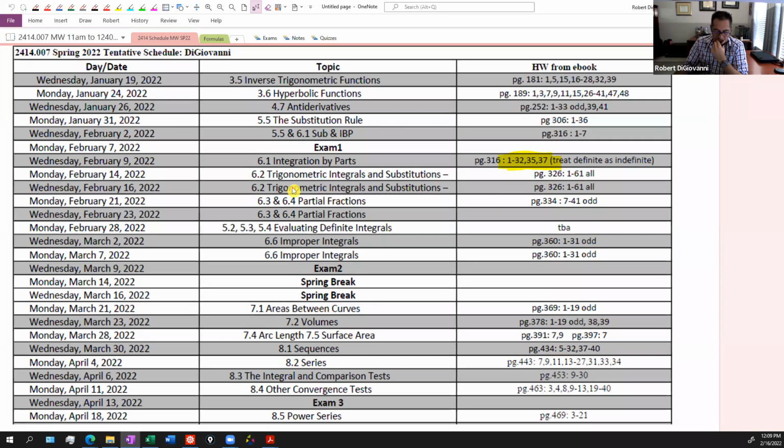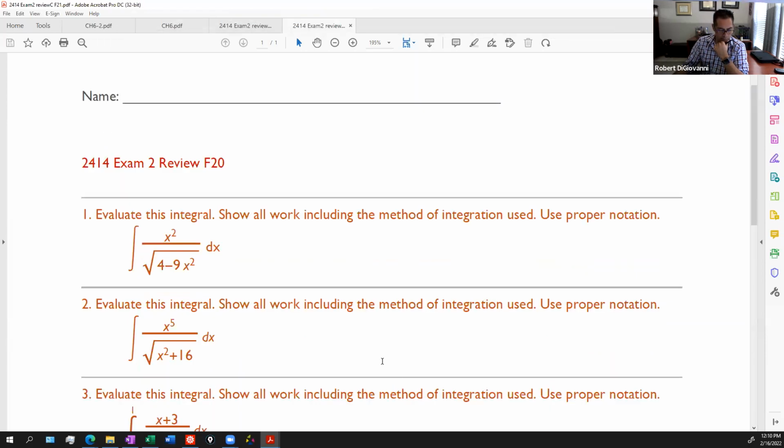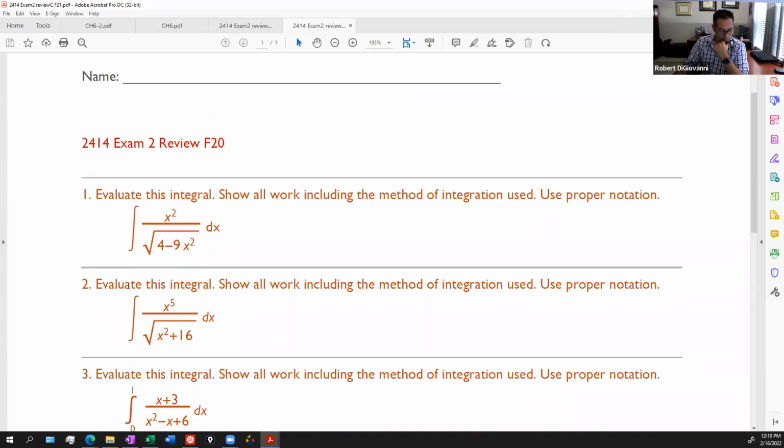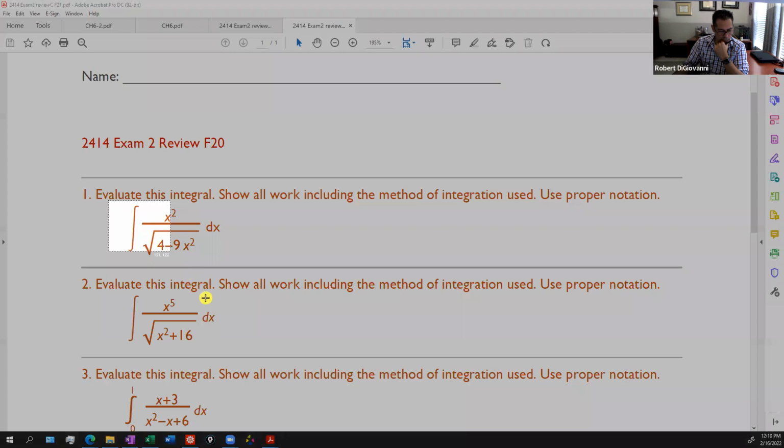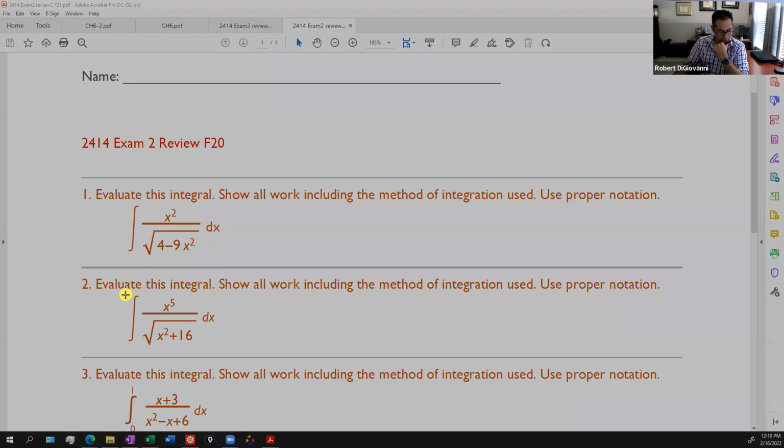We're on track here, right? We're not behind. Since we're not behind, let me do this. Let's do this last one.